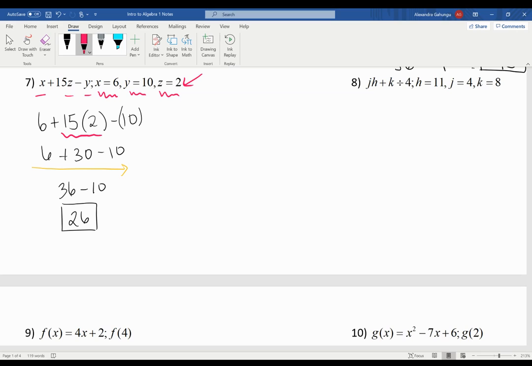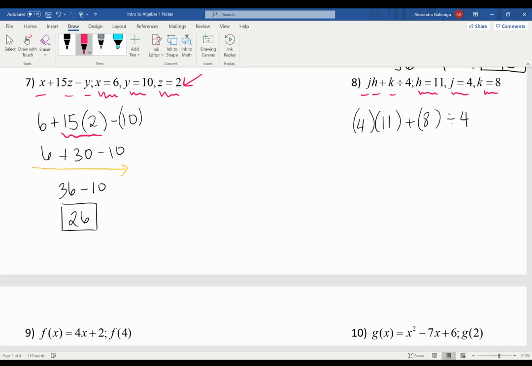Next example has J, H, and K, and I have values for H, J, and K right here. So I'm just plugging them in. It looks like J and H are being multiplied, so that means their values 4 and 11 are multiplied, plus, and then K, which is 8, so that's where I get that 8, divided by 4.